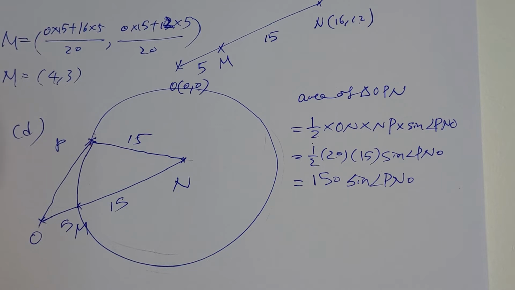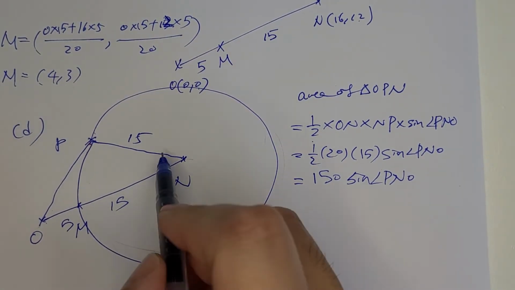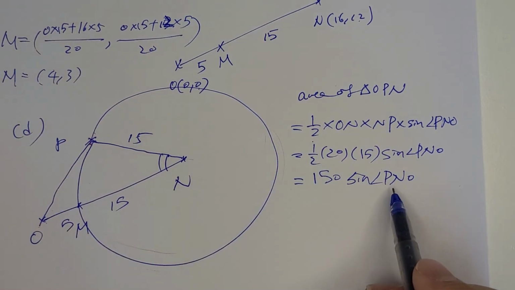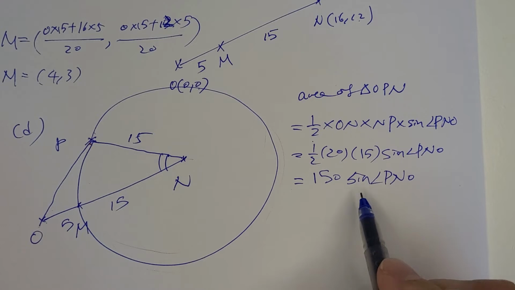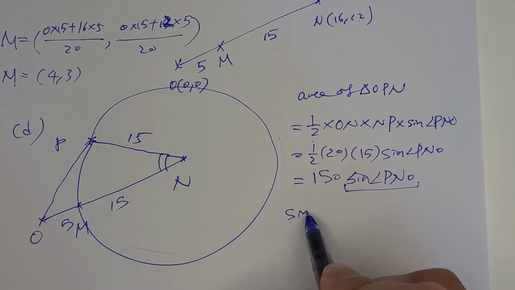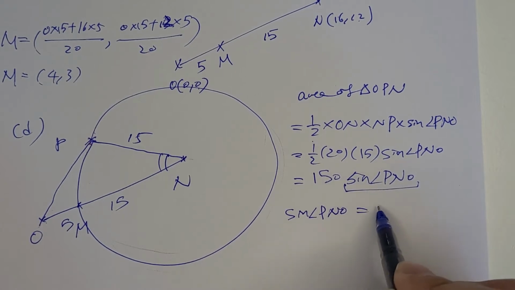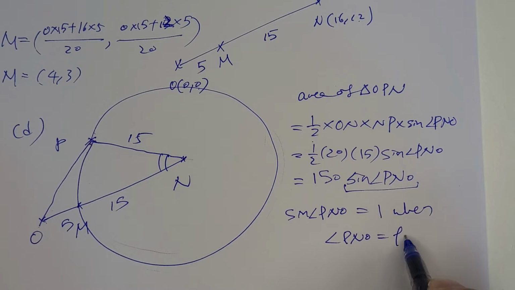So you can see that the area of this triangle PNO depends on the value of sine angle PNO. That means it depends on this angle. So when will sine angle PNO be the greatest? Sine angle PNO equals 1 when angle PNO equals 90 degrees.